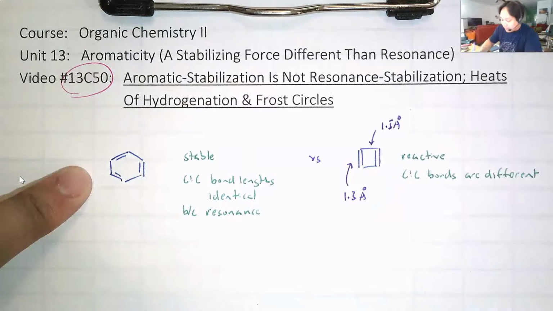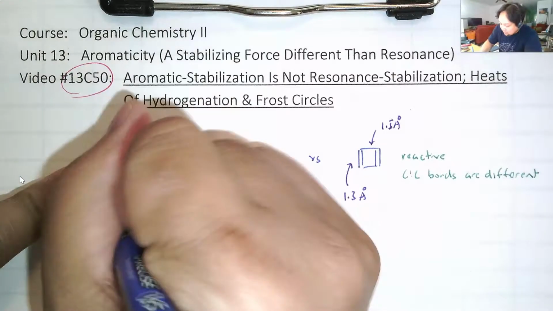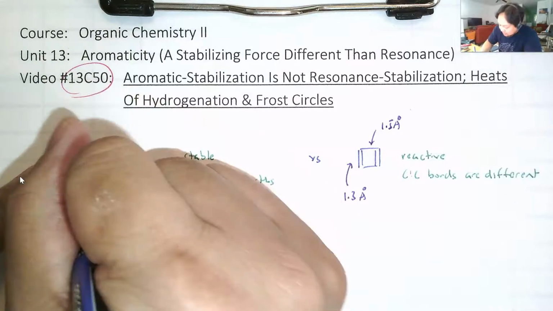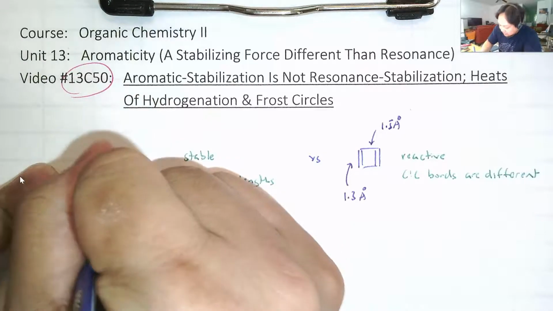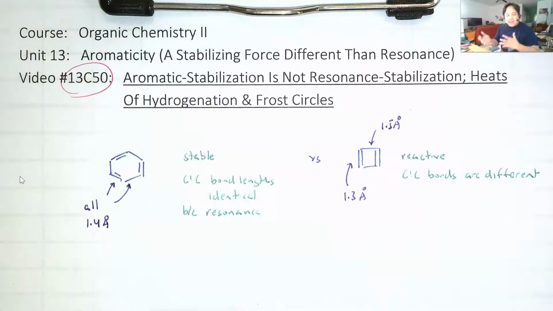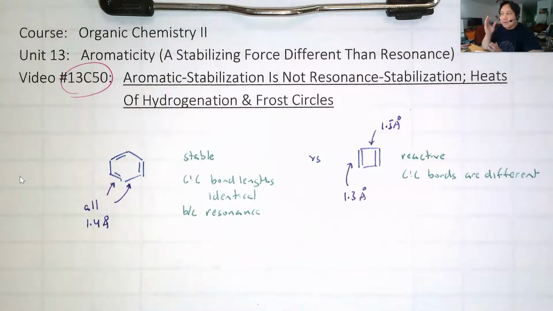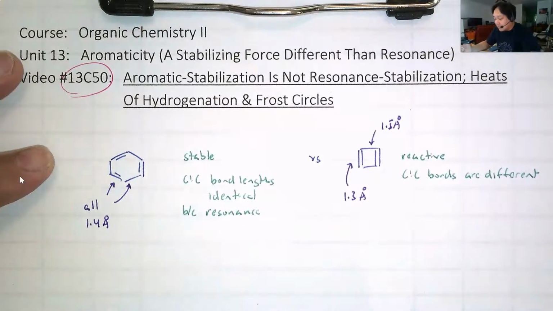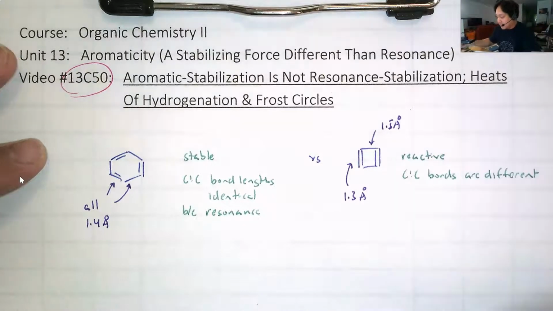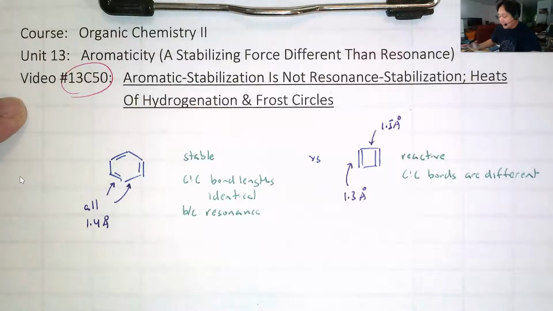But for benzene, all carbon-carbon bonds are 1.4 angstroms, and we can attribute that to resonance. But I am trying to draw a line, which I have not done yet, between aromatic stabilization and resonance stabilization. And that's the issue for this video.